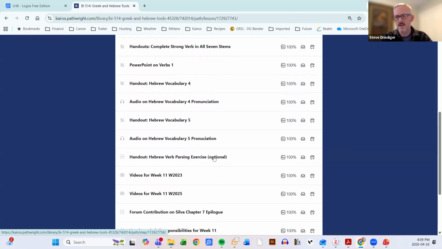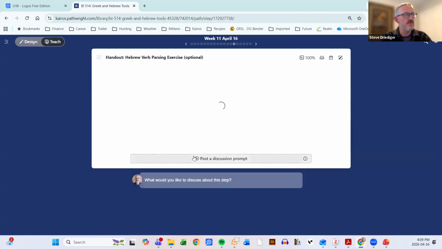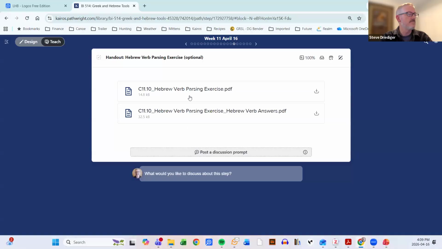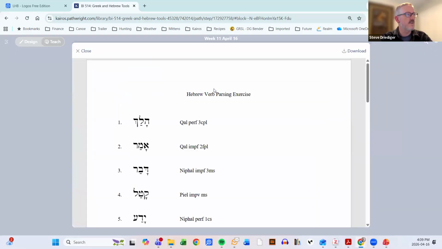I think before today it said you're going to hand it in before class next week, but I'll leave that up to you depending on whether you think you need to practice after a little exercise now. So if you open up this one here, we have a list of verbs that are on your vocabulary. And then beside each verb is a parsing for the verb.